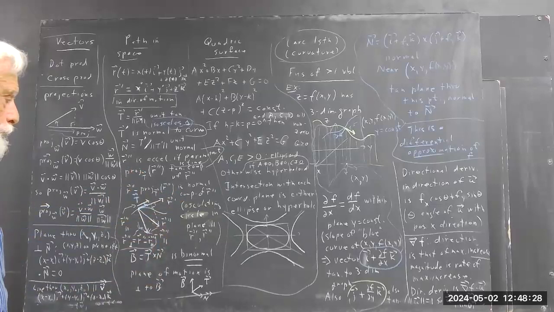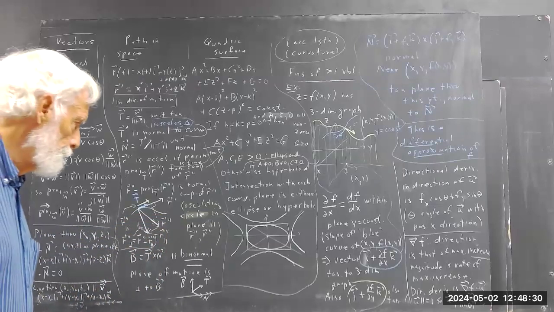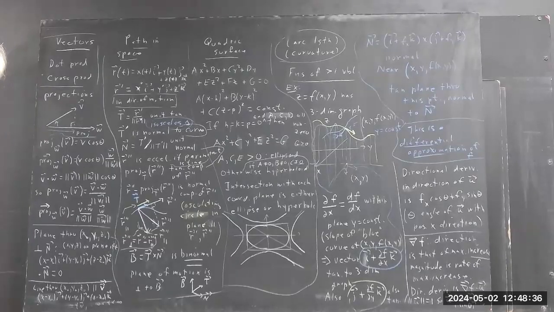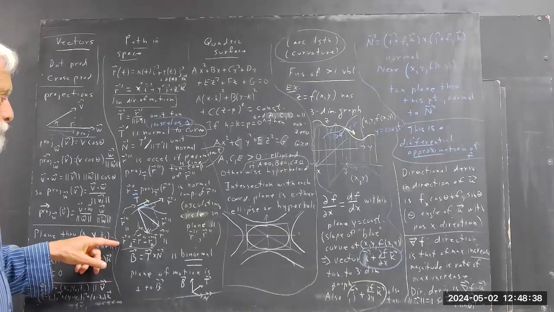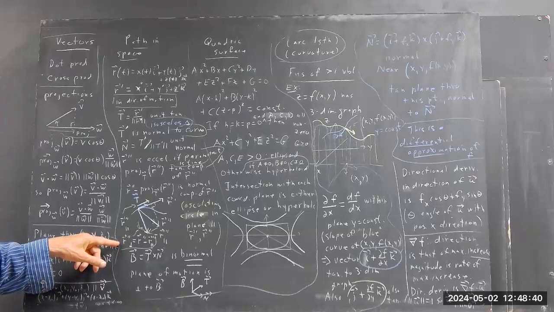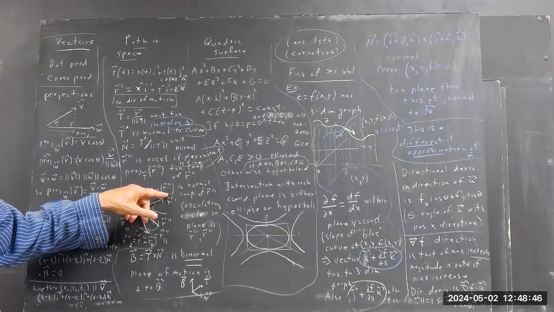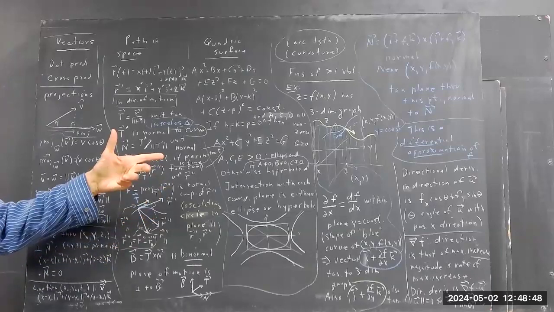I mentioned there's the osculating circle in the plane. And you take this component, which gives you a centripetal acceleration, and your speed.